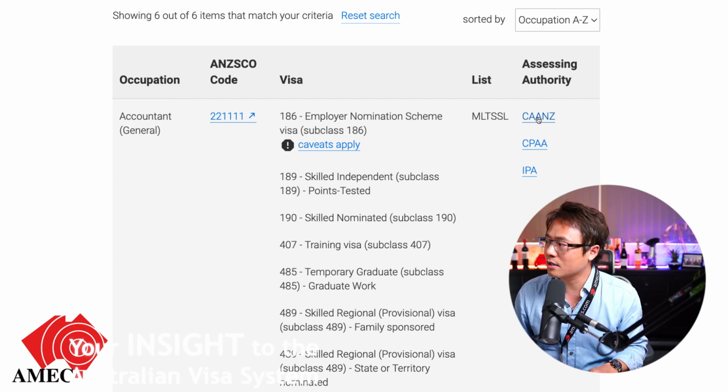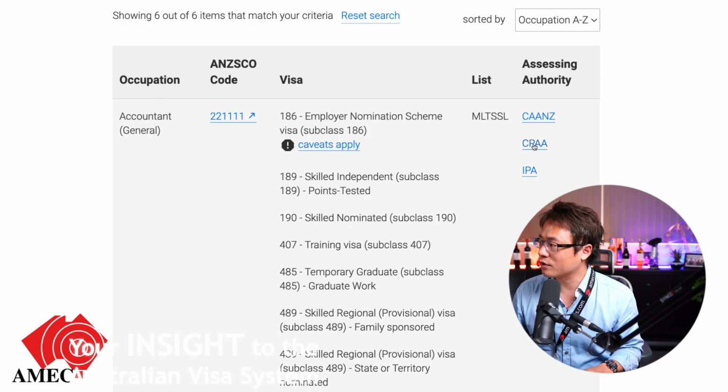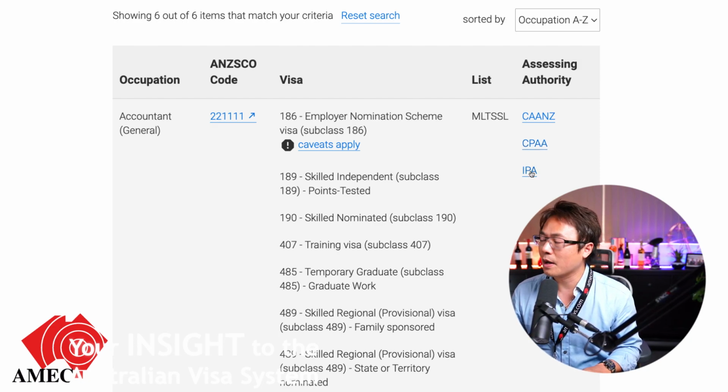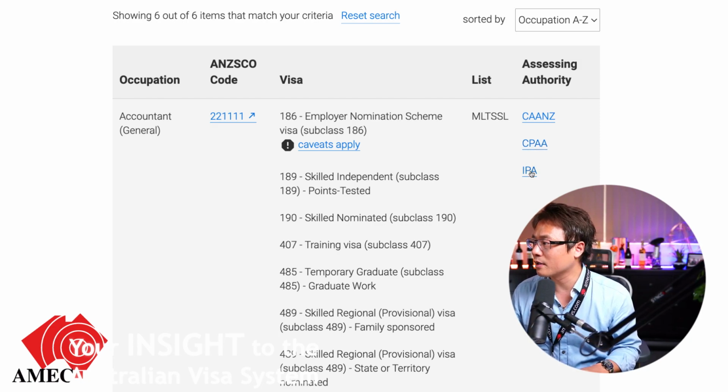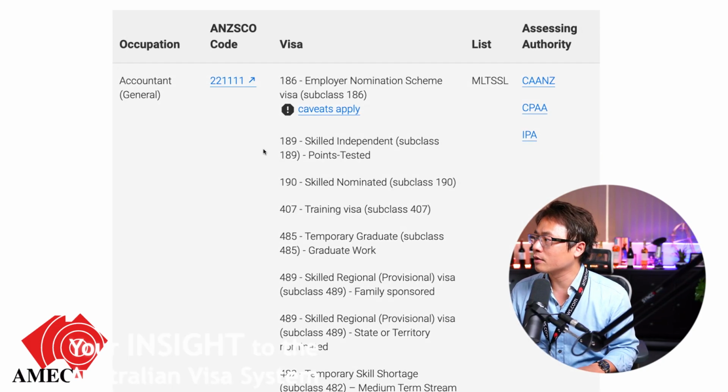That's the Chartered Accountants, CPA, which is Certified Practising Accountant, and the Institute of Public Accountants.